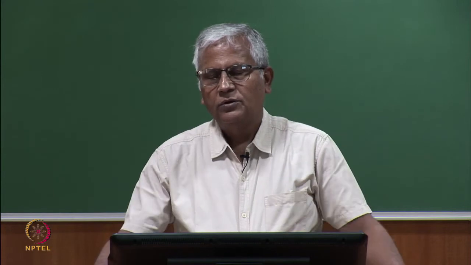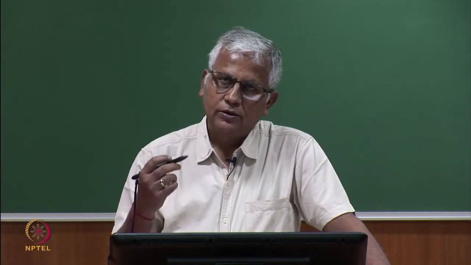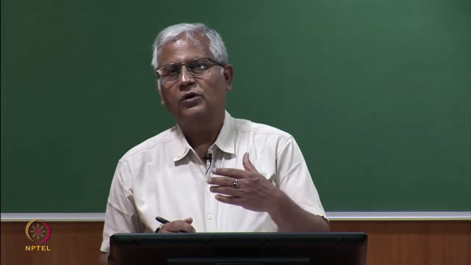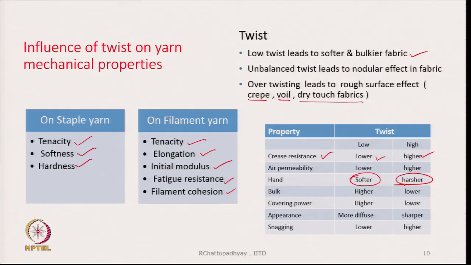Even though in some respect the property may suffer, in some other respect the property is desirable, and therefore, we may go for high twist like in crepe fabric and voile fabric, because there are certain desirable characteristics in the fabric that we need, and that is only achievable when you go for high twist in the yarn. So, even though the hand may be harsher, still people will go for it because of these reasons.